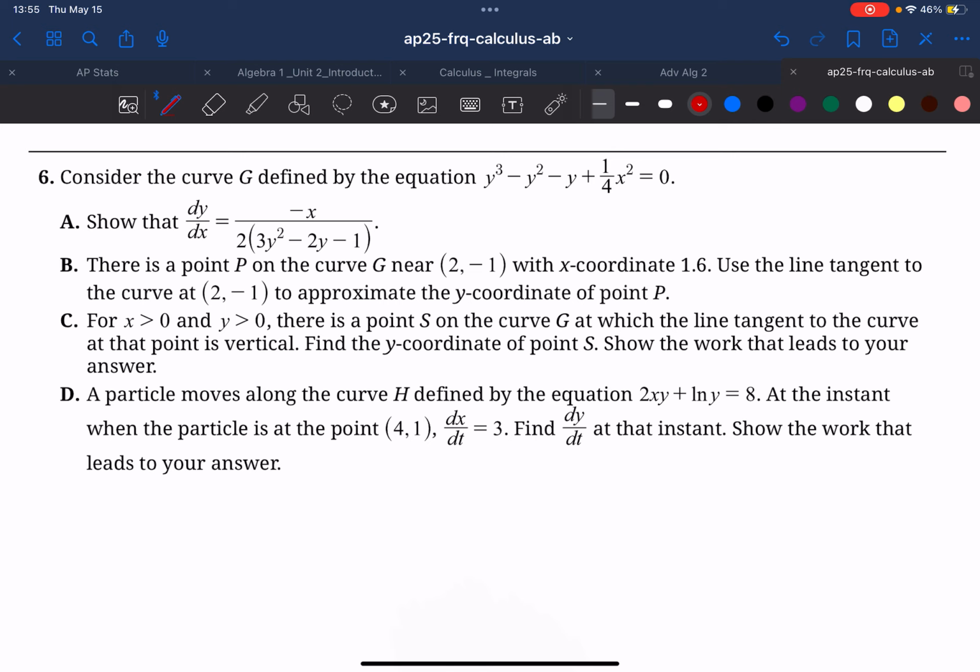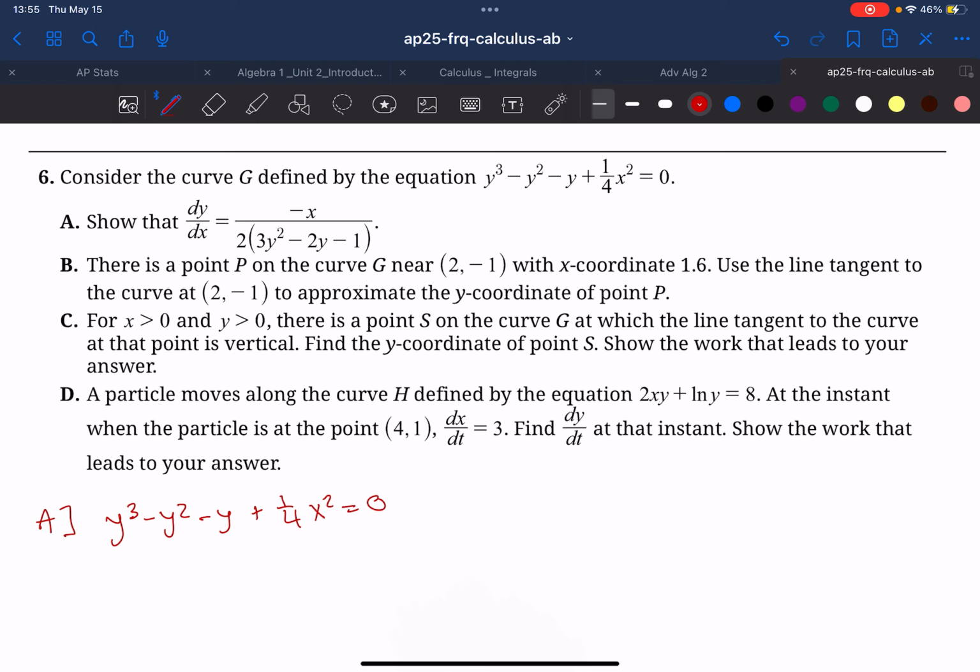So for part A, we're going to take the derivative of the curve G with respect to y and with respect to x. So we have y cubed minus y squared minus y plus 1/4 x squared equals 0.